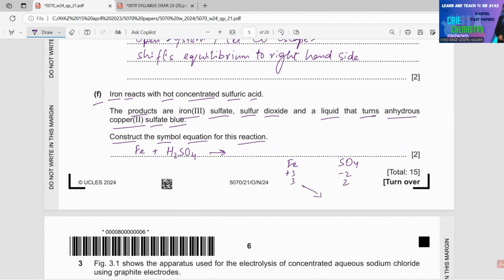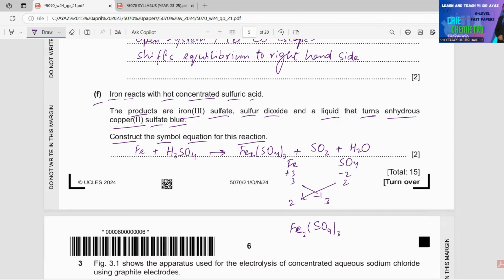Now swap these numbers, so you'll get Fe2(SO4)3. Plus, they are saying sulfur dioxide is also produced, so you will write sulfur dioxide, SO2, plus the liquid that turns anhydrous copper(II) sulfate blue, it must be water, H2O. Now let's balance this equation.